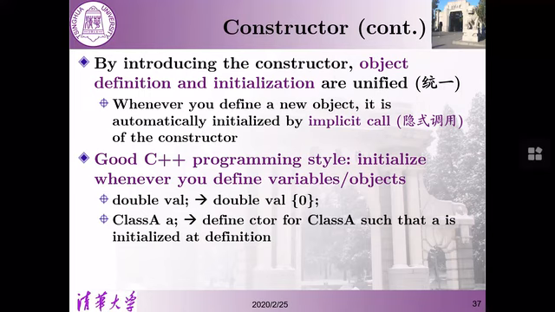Whenever you define a new object, it is automatically initialized by this implicit call of the constructor. So now a good C++ programming style is to initialize whenever you define variables. This is the grammar, I think for C++17, to define a variable and initialize it. And this one is for defining an object, but you need to define the constructor to automatically initialize the members.